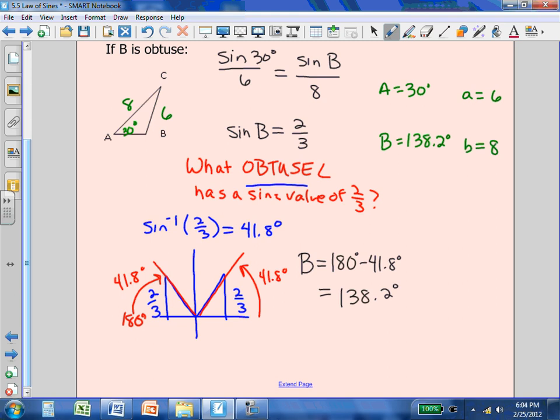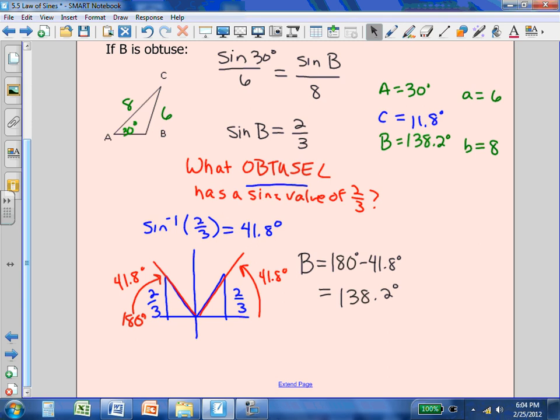Now for sure, angle B is the biggest. Well, let's calculate then what C would have to be, knowing that these add up to 180. And doing some calculations, you will get a very small angle for C, 11.8 degrees. It's actually smaller than angle A, isn't it?